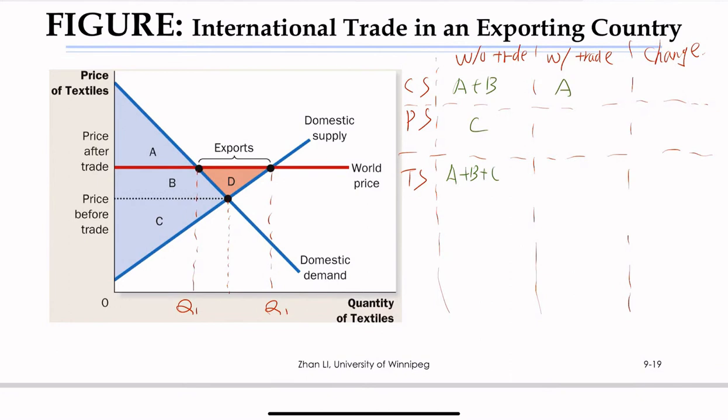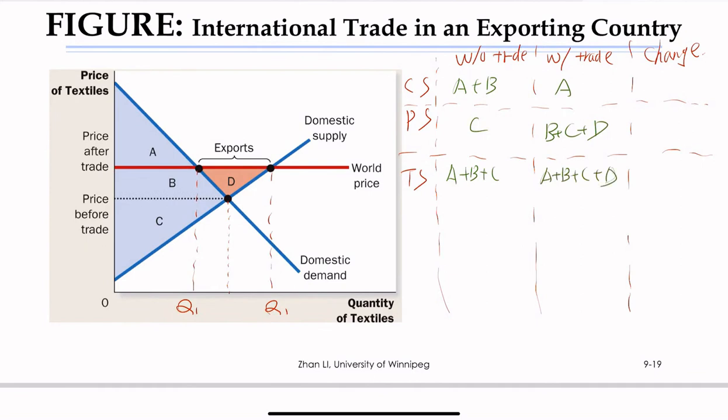Now, what about producer's surplus? Remember, producer surplus is the area between world price and supply curve. So here you can see that producer surplus is given by B, C, D, right? So total surplus would be A plus B plus C plus D. Now what about the change?